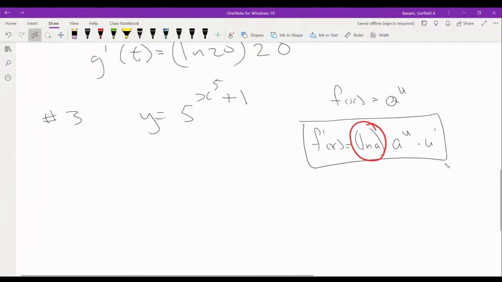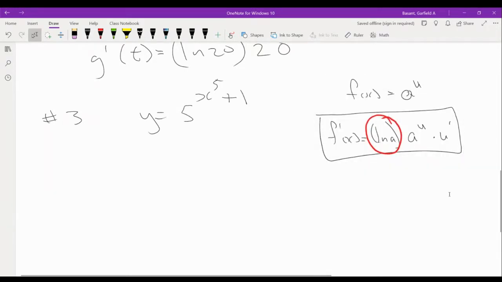All right, so I'm copying the rule down here so we can work on it.